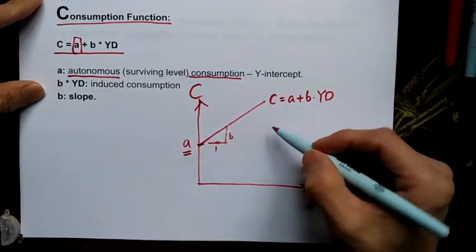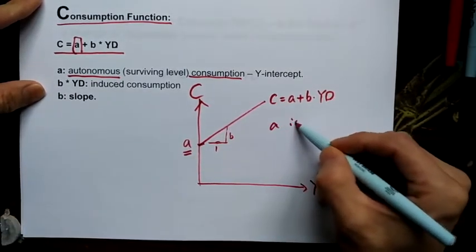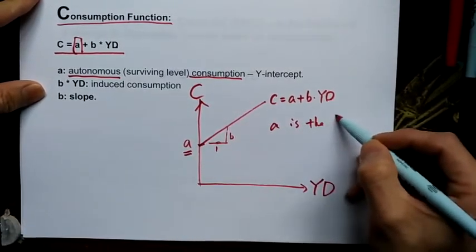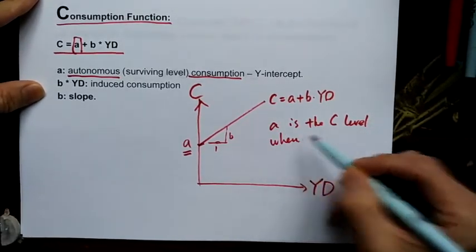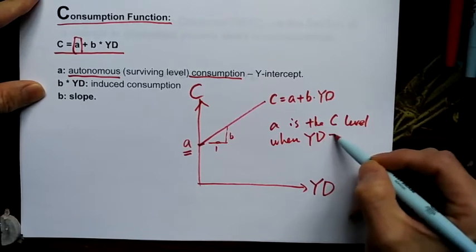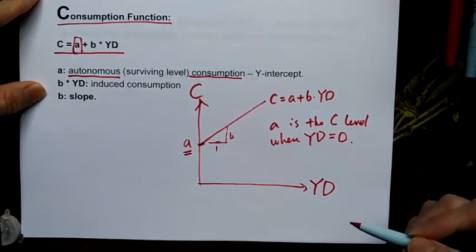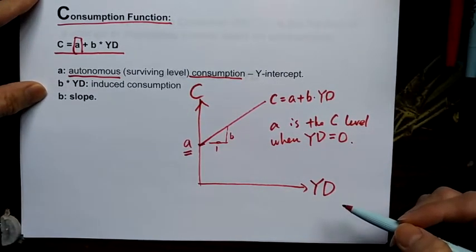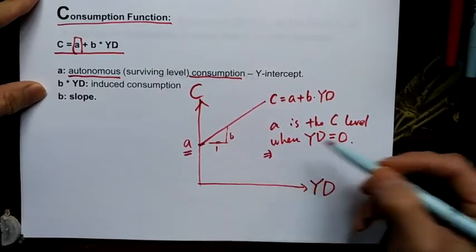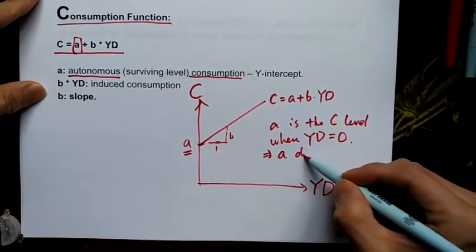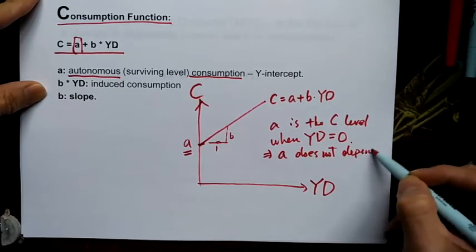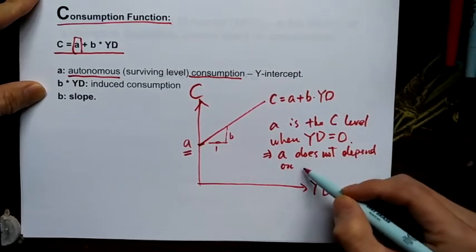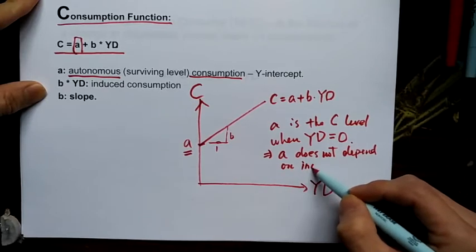Because A is the consumption level when you don't have any disposable income. Therefore, A does not depend on income.